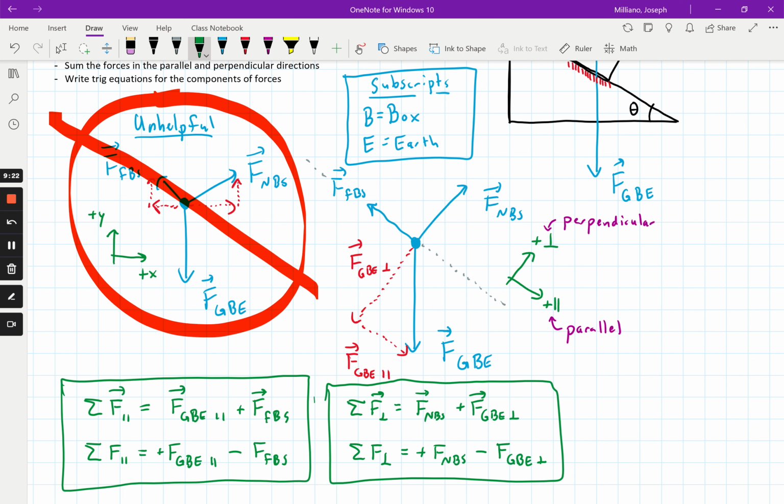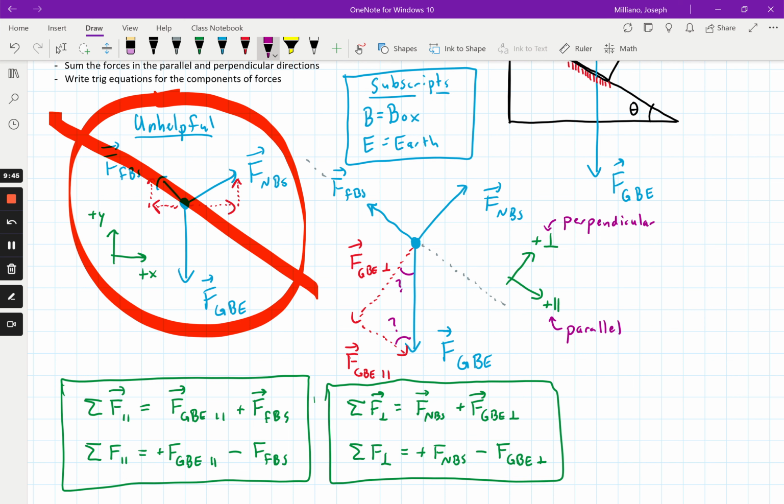We're all set. We have one last task for today. And that last task is to write sine and cosine equations. In order to do that, we need to know which angle we're looking at. Should we consider this angle here that the gravitational force makes with its perpendicular component?